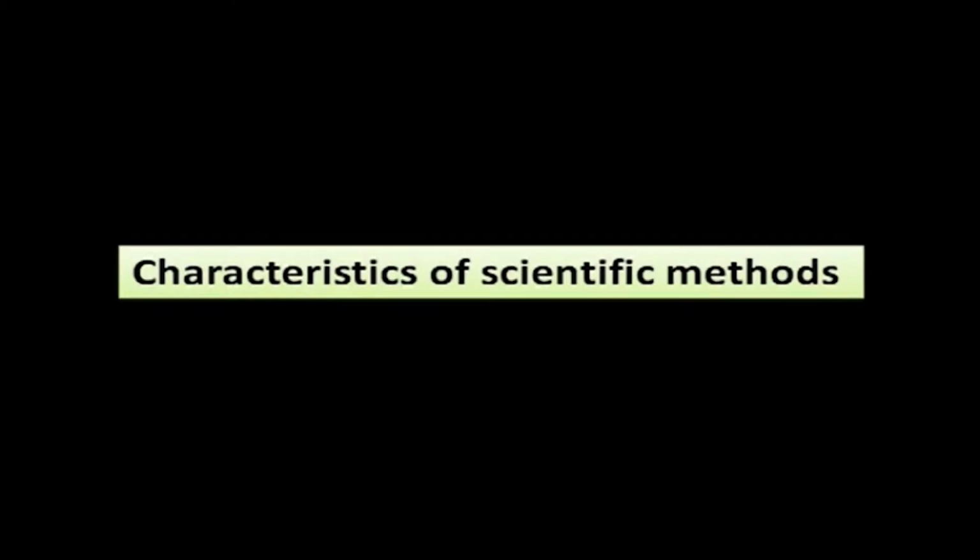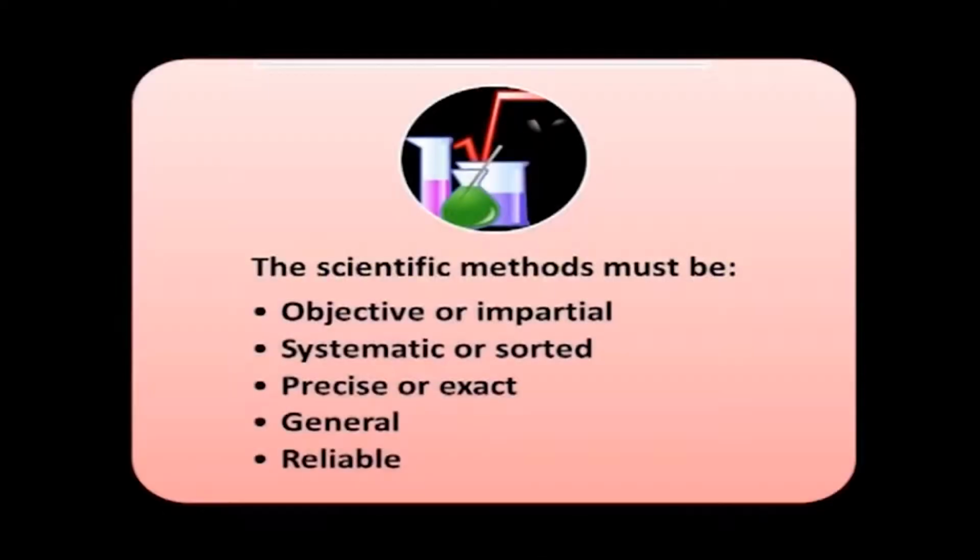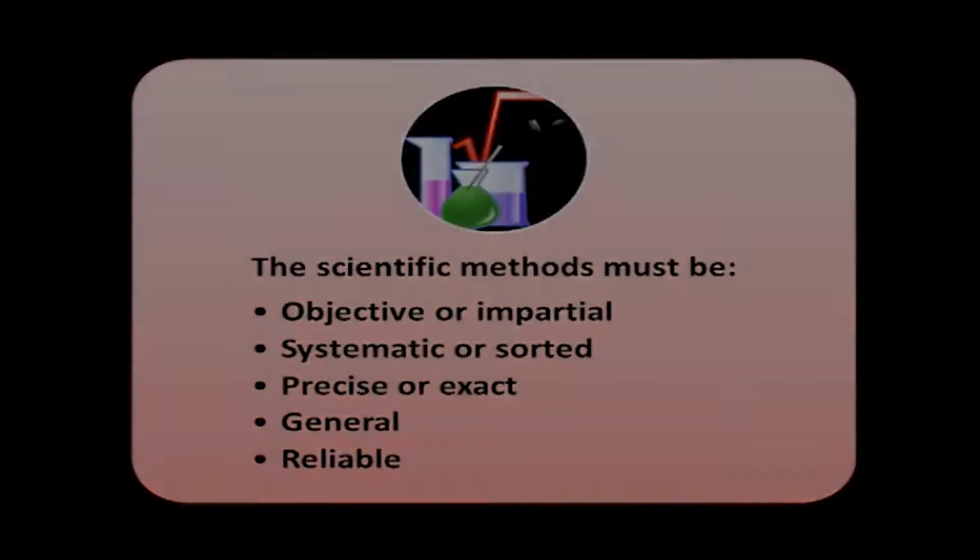Characteristics of scientific methods. The scientific methods must be objective or impartial, systematic or sorted, precise or exact, general and reliable. Quantitative methods in criminology.